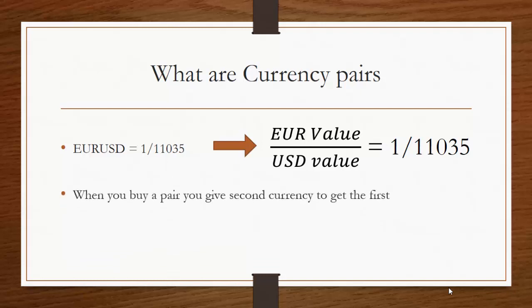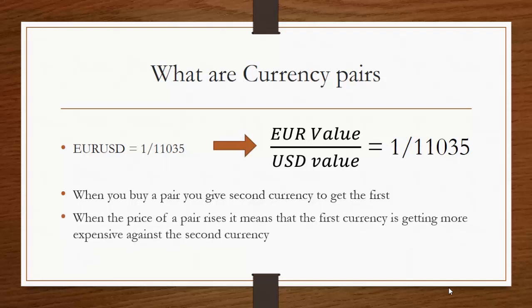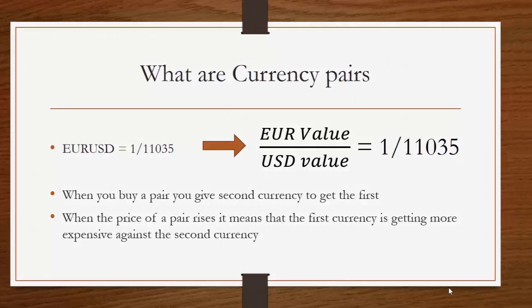When you buy a pair, you give the second currency to get the first. In this example, give USD to get Euro. Euro as the first and USD as the second. When the price of a pair rises, it means that the first currency is getting more expensive against the second currency.